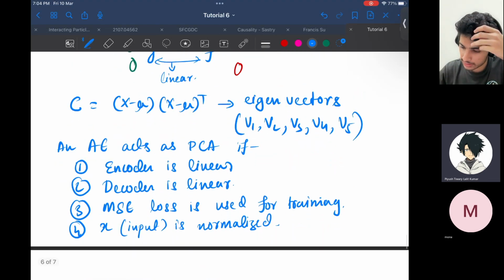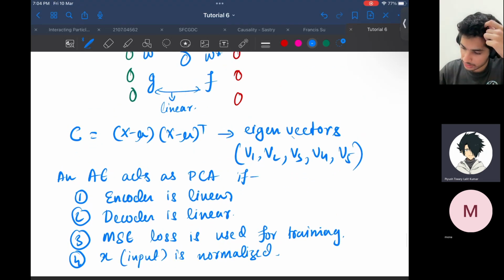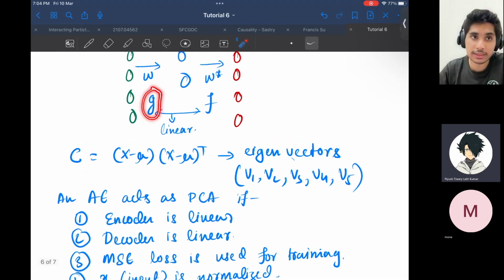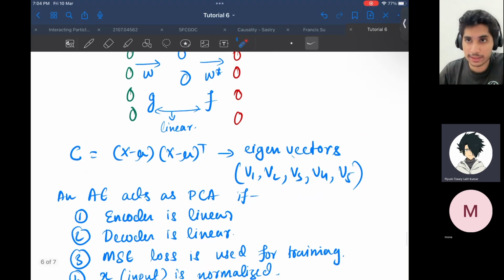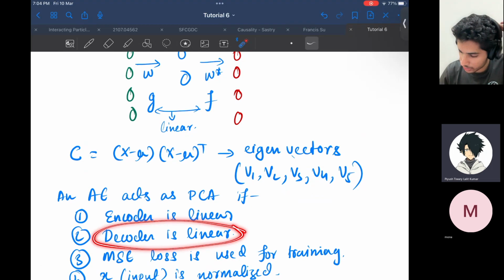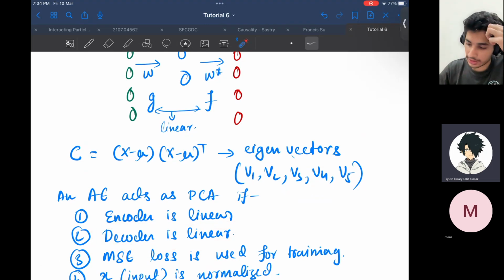So let us see if these conditions are being satisfied. The first condition, that the encoder is linear, is true, because your G is a linear activation function. If you use a linear activation function, eventually what you will get is a linear operation. Your decoder is linear. That is also true because F is also linear in this case.